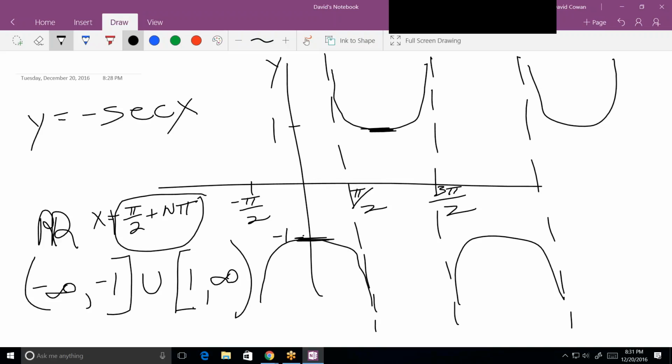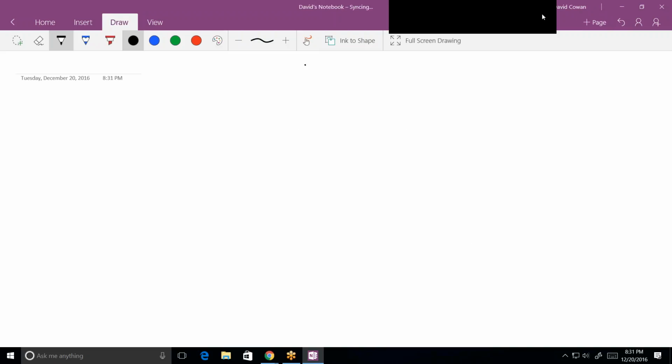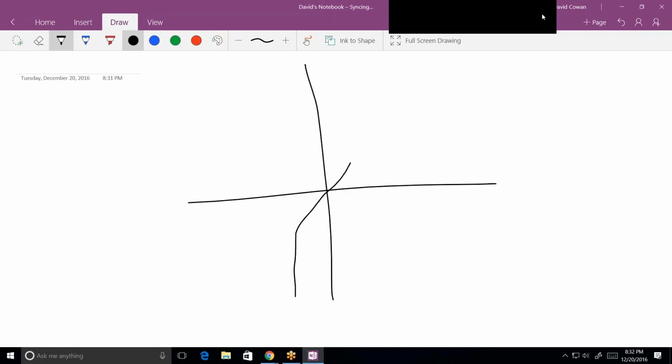So knowing the domain and range of all your trig functions is fairly key. Let's look at the tangent function again. What's the range of the tangent function? The range would be negative infinity to positive infinity.